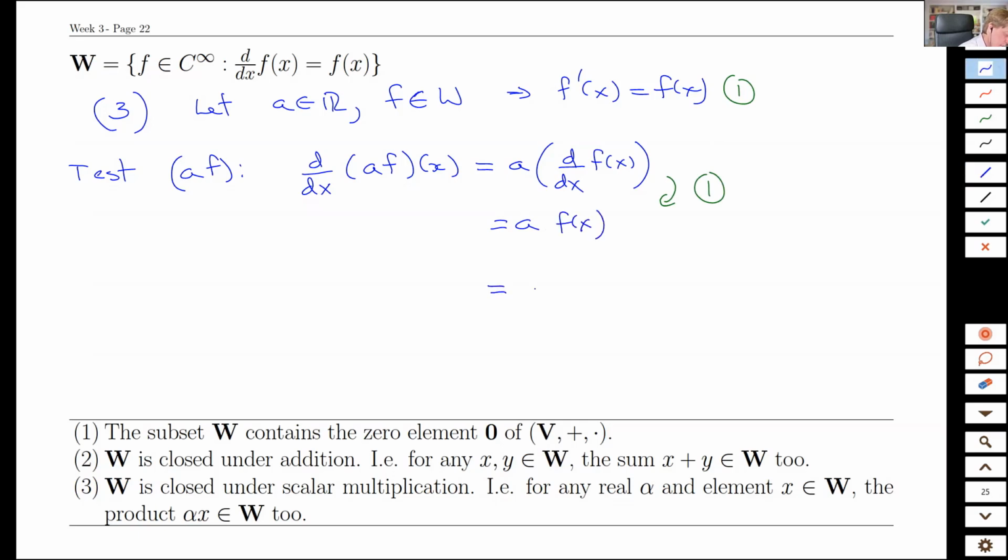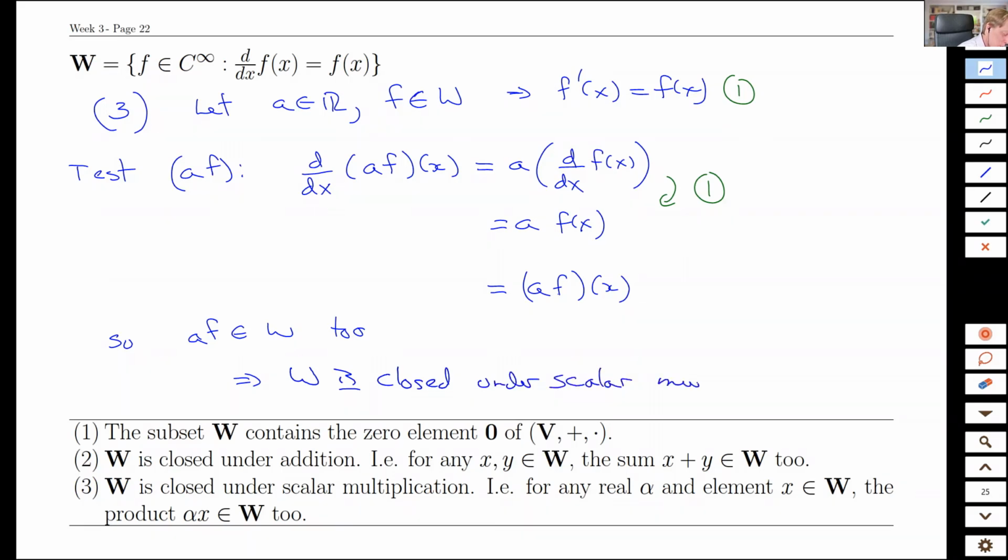And that is the same as A f of x. So A f is an element of W. And that means that W is closed under scalar multiplication.